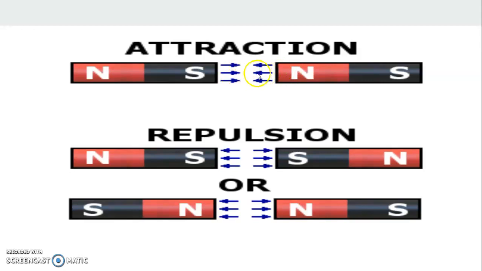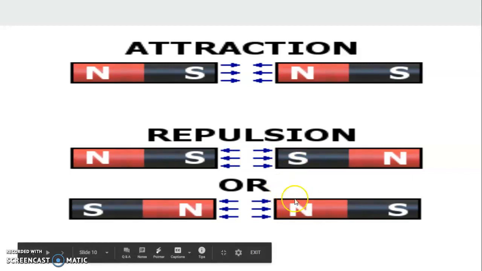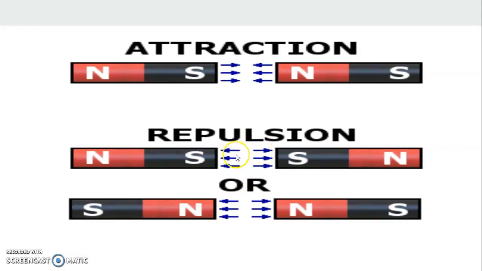So they attract to each other. Repulsion. تنافر. Look, these poles are like, south, south, or north, north. These will make repulsion. They repel from each other.